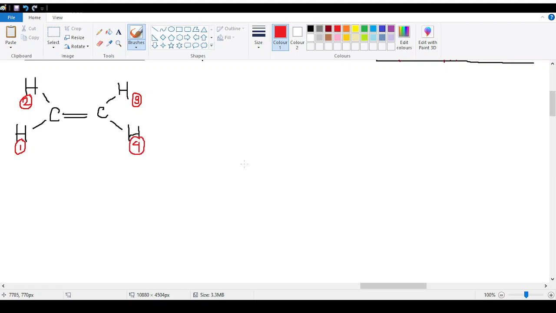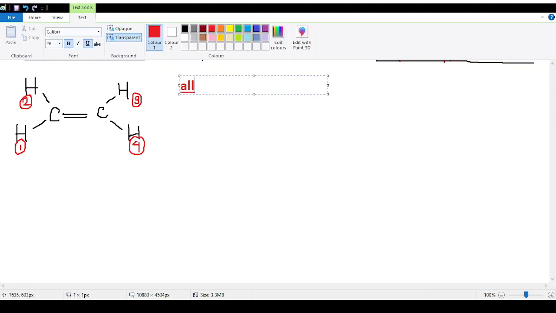Can you tell me whether the environment of each hydrogen atom is the same or different? Same, it's the same actually. So each individual hydrogen has the same surrounding, right? So we can agree that all hydrogen atoms have the same chemical environment.